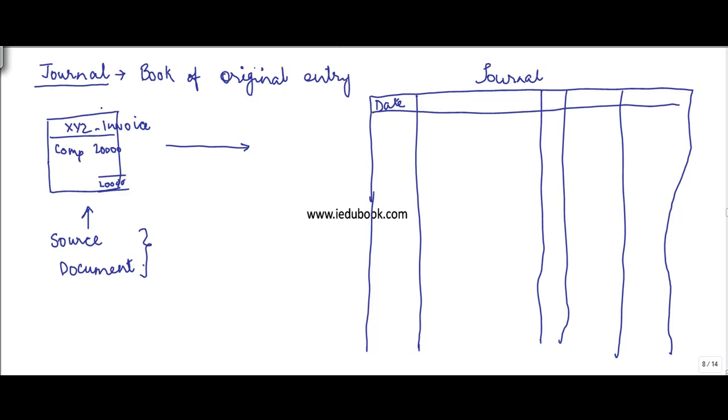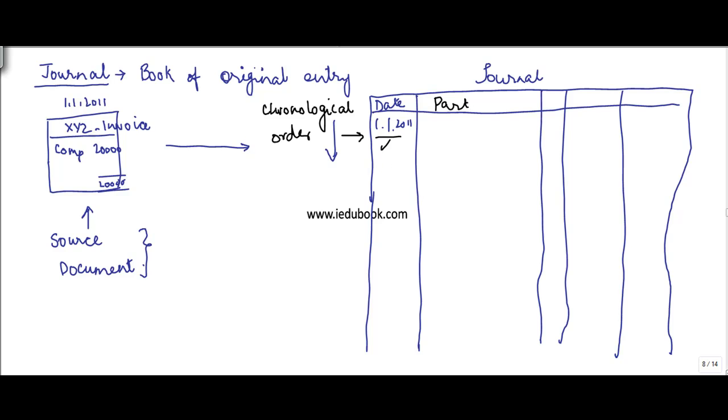Let's say this transaction happened on 1/1/2011, so you would enter 1/1/2011 as the date. The transactions are entered in chronological order, so whichever transaction happens first appears first.